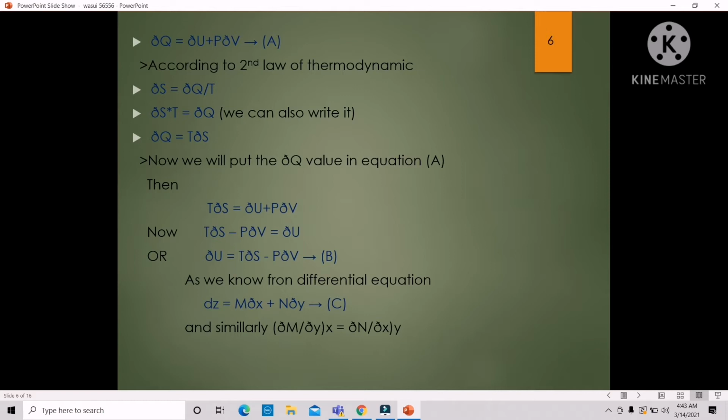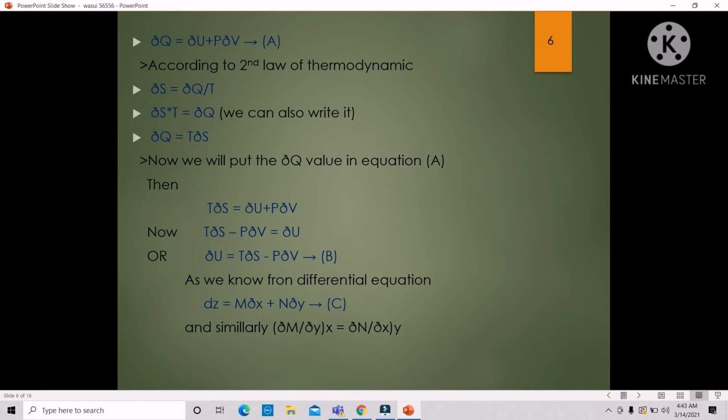Moving forward, according to the second law of thermodynamics, the change in entropy is equal to the change in heat divided by temperature, so we get the change in heat equal to the temperature times the change in entropy, dS.